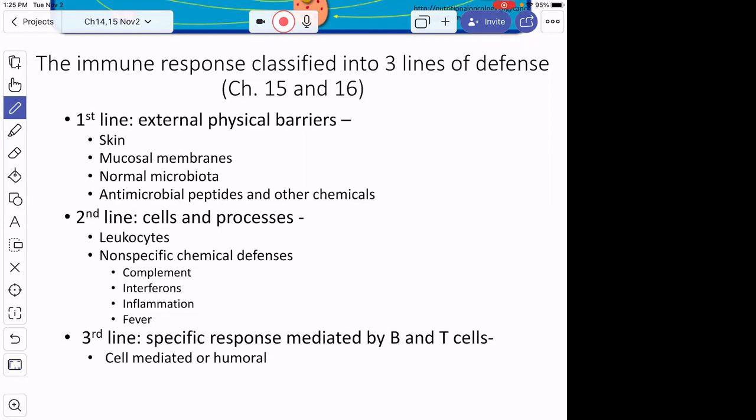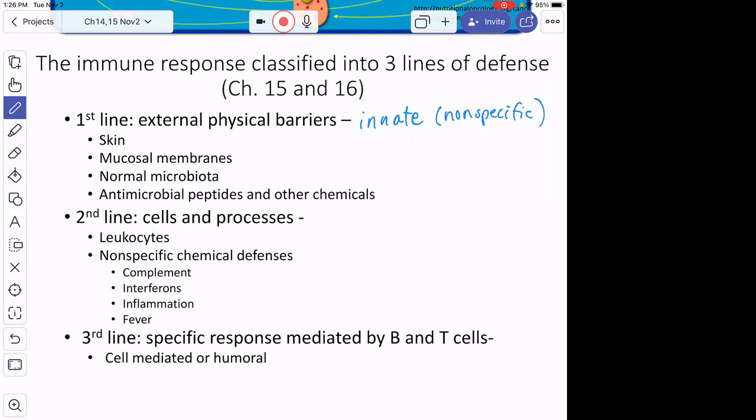External physical barriers. This is part of what we consider our innate immunity, and another word for that is non-specific. Basically, the next time that same pathogen is encountered, our body's going to respond the same way with things that are considered innate immunity.